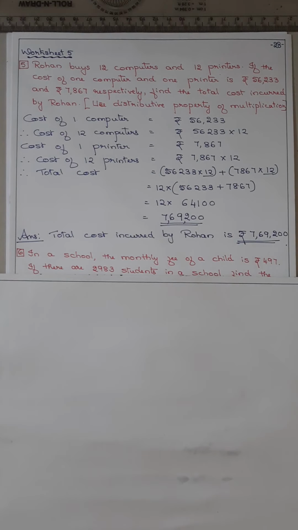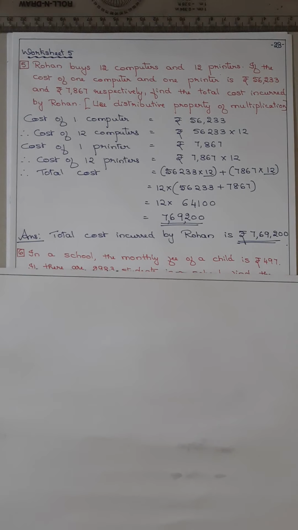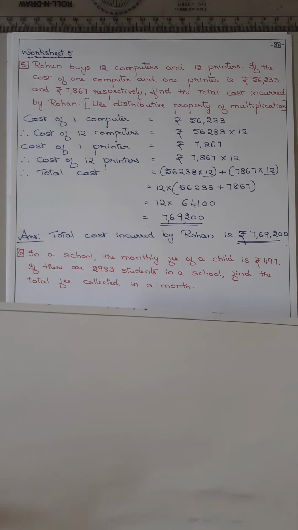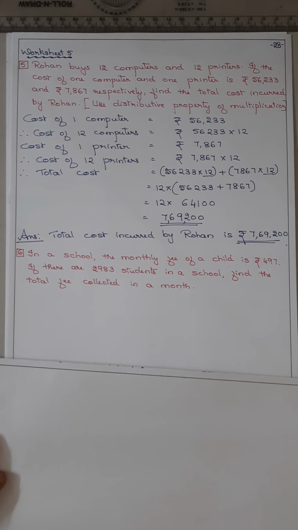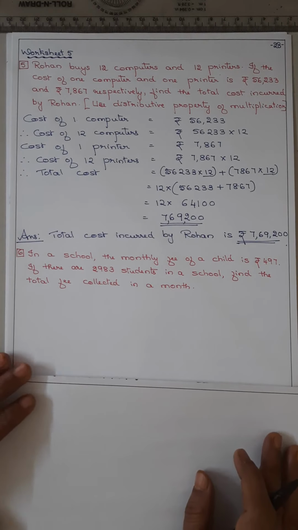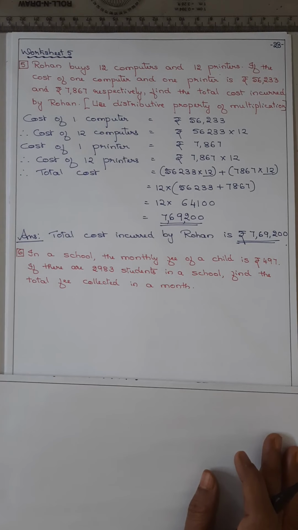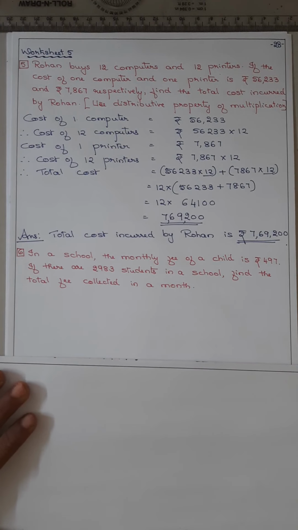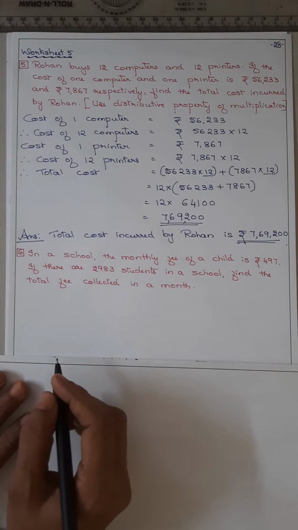Is it clear? Hope you understood this addition, isn't it? We just have to use the distributive property. Now coming to question number 6. In a school, the monthly fee of a child is rupees 497, and if there are 2,983 students in a school, find the total fee collected in the month.